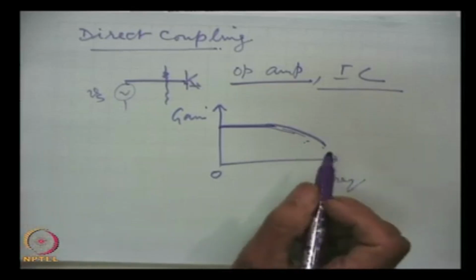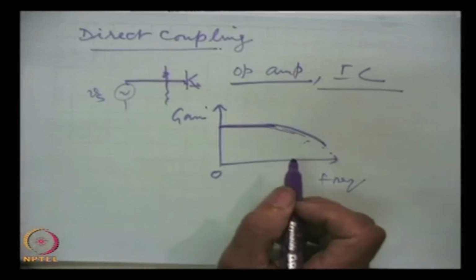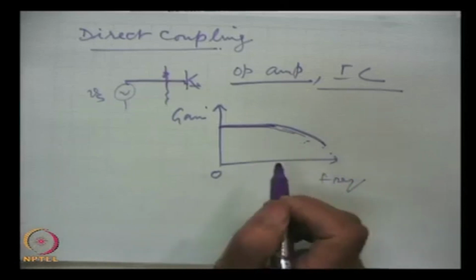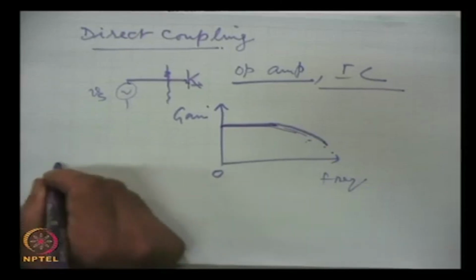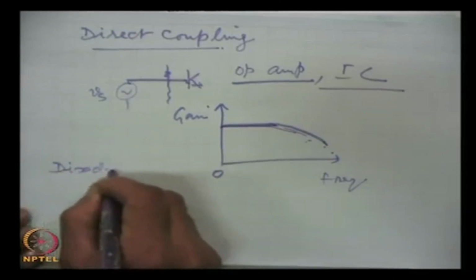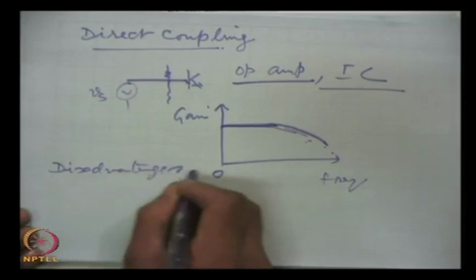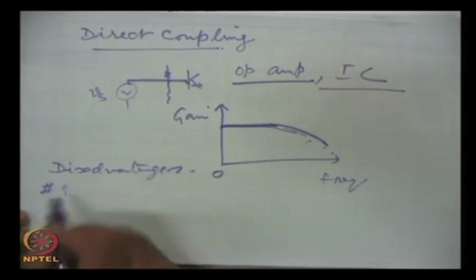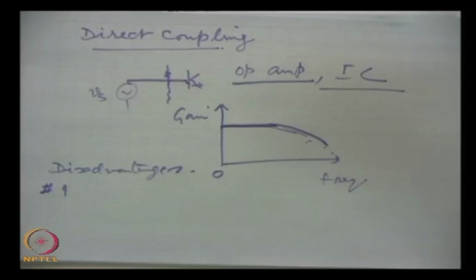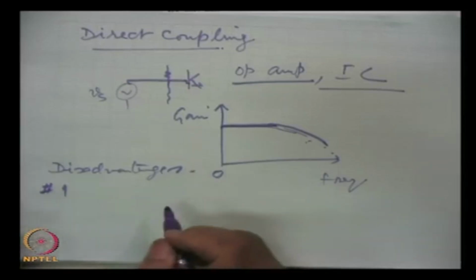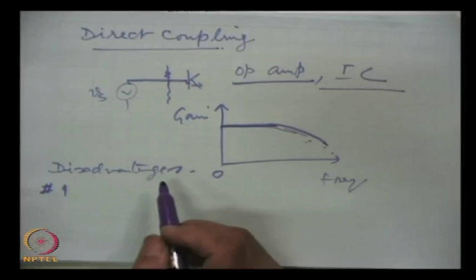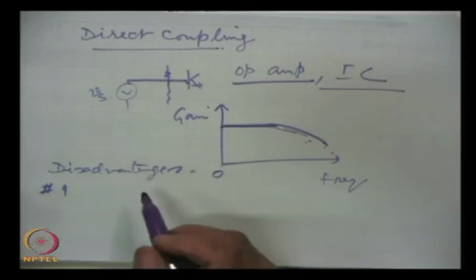Now, there is one disadvantage with direct coupling, or rather, one is not very serious, though it is a disadvantage. When we couple these stages directly, then even DC is coupled. If we use RC coupling, we have seen that the capacitor isolates one stage from the other; the capacitor acts as a block for DC.